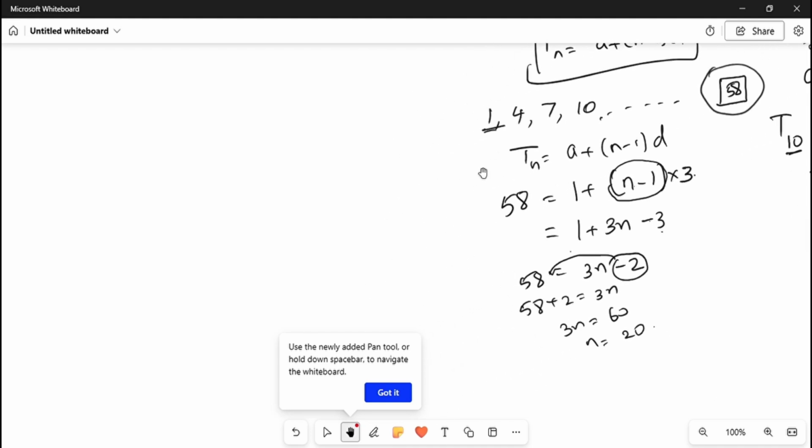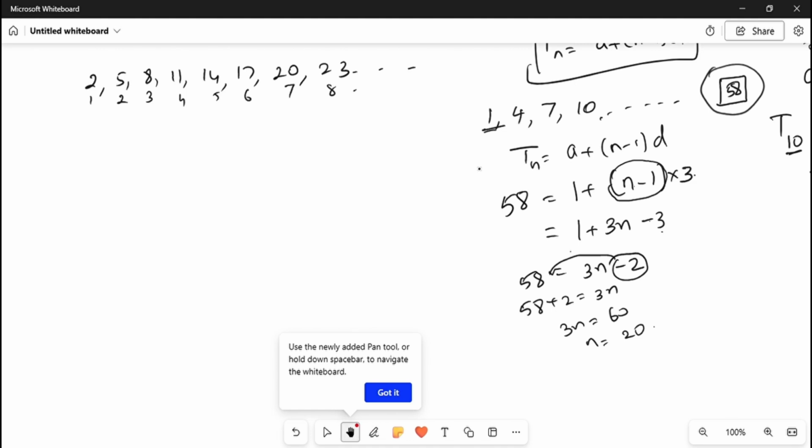For example, 2 and 3 is 5, 5 and 3 is 8, 8 and 3 is 11, 14, 17, 20, 23, like that it goes. First term, second term, third term, fourth term, fifth term, sixth term, seventh term, eighth term, like that it goes.